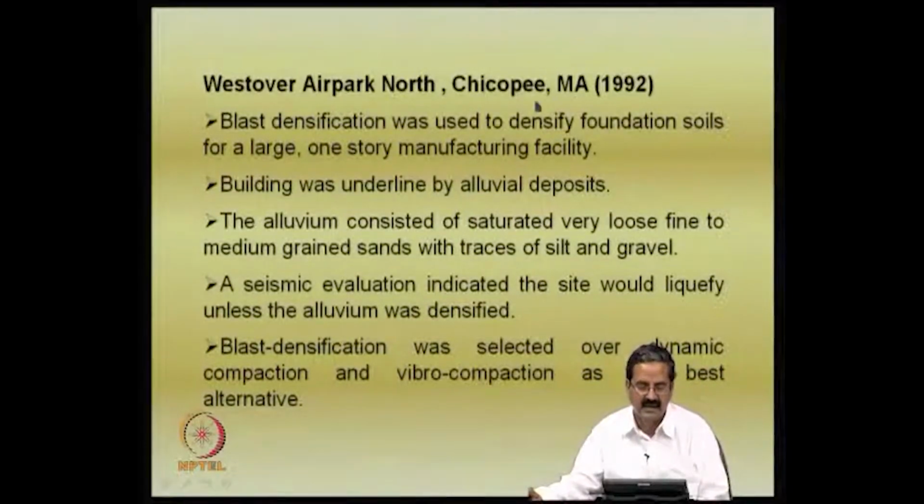Then there is another case study, in which blast densification was used to densify foundation soils for a large one-story manufacturing facility. Here the building has a lot of alluvial deposits beneath the foundation area, saturated, very loose to loose fine to medium grained sands with trace of silt and gravel.